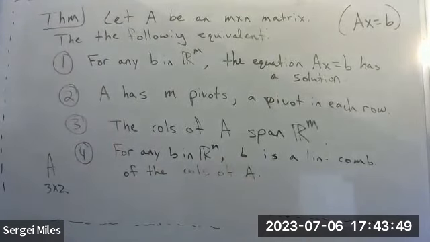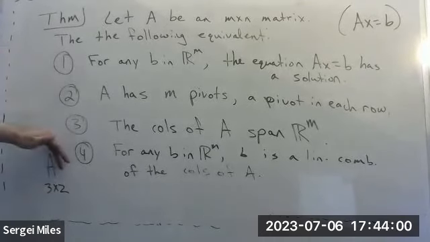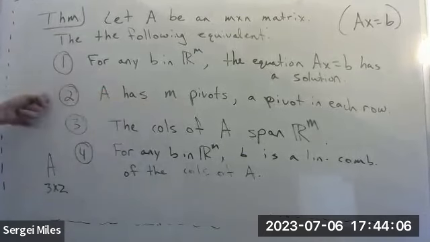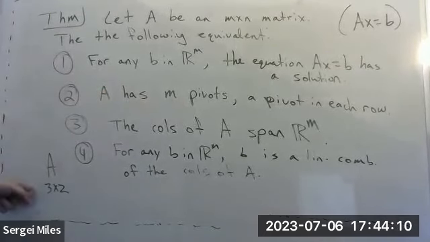If one of them is false, they're all false. But in particular, if you have an example like this, where you have more rows than columns, then all of these are false. It can't happen because you can't have 3 pivots, right? You can't have enough pivots. And if 2 fails, that means all of them will fail anytime you have a matrix like this. This is a key point I want to highlight here.